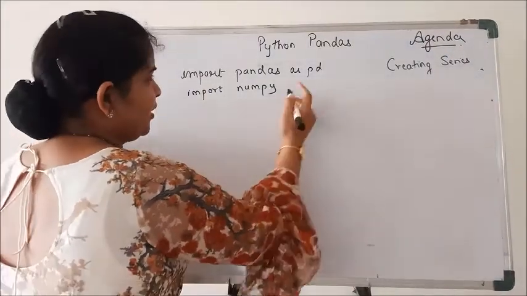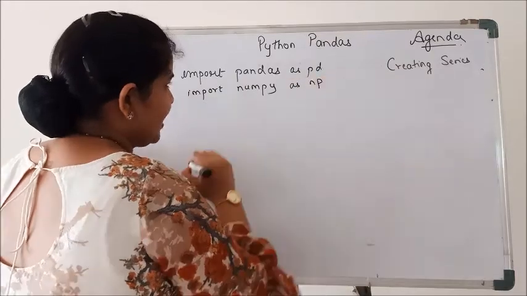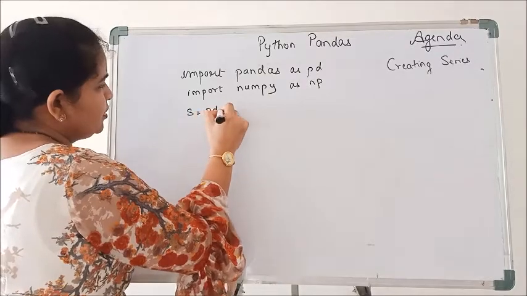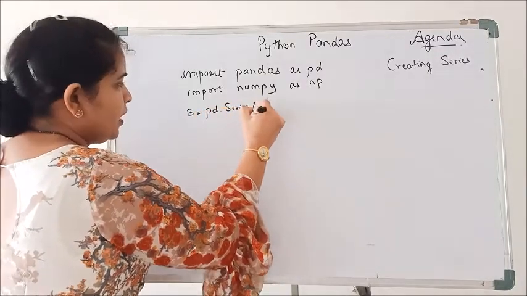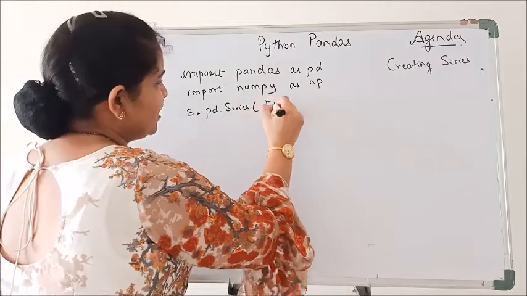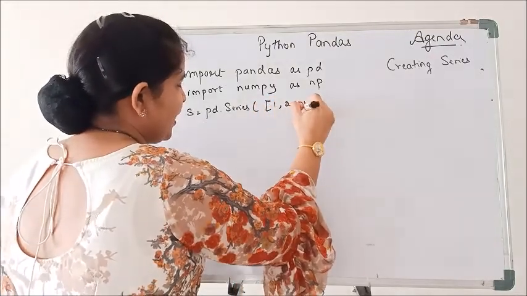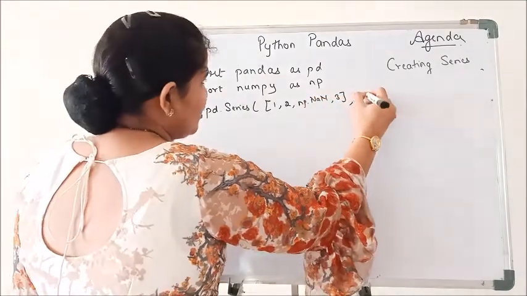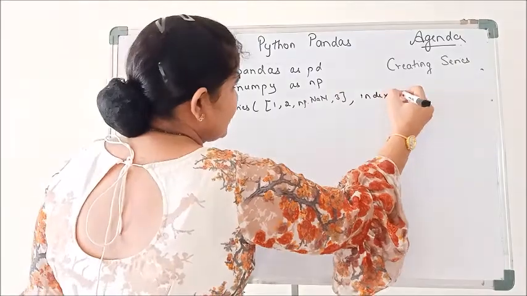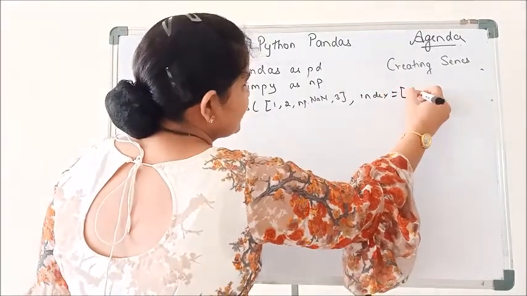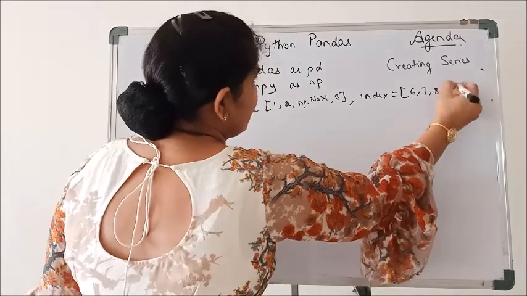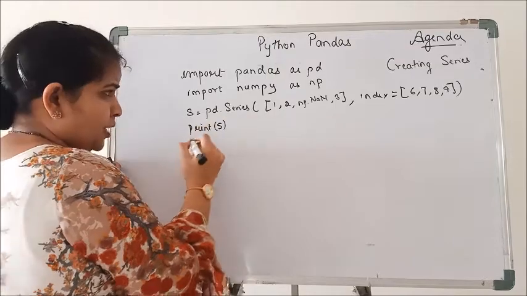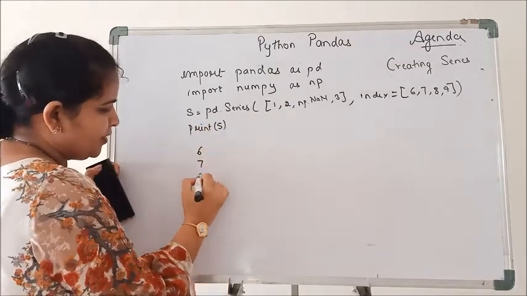So when you use np, how can you define a series? pd.Series, after that you can write 1, 2, np.nan, after that 3. After that, if you want, you can mention the index. Suppose index is equal to 6, 7, 8, 9. So how will it be printed? First of all, the index will be printed 6, 7, 8, 9.